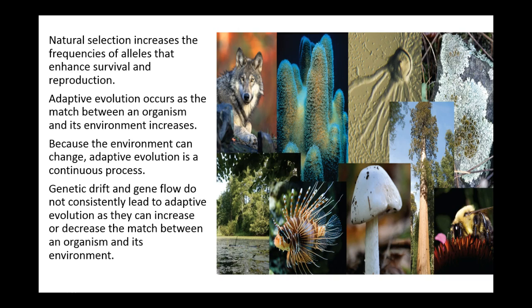The idea of natural selection is that it increases the frequency of alleles that are adaptable for survival and reproduction. Again, kind of repeating what we're saying, adaptive evolution happens because there's a match between the organism and its environment. The environment is constantly changing, or it can change.